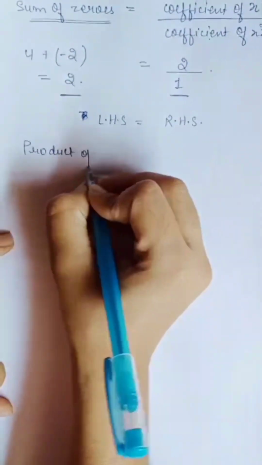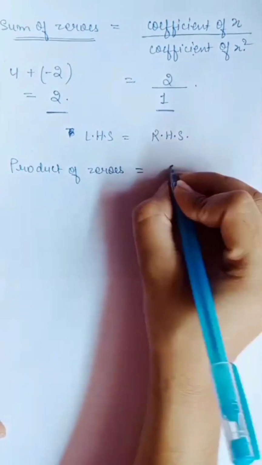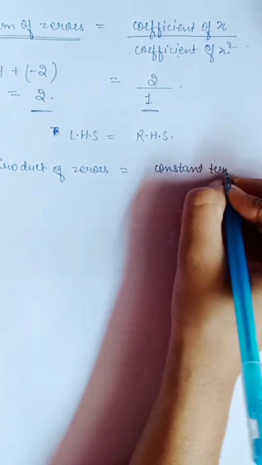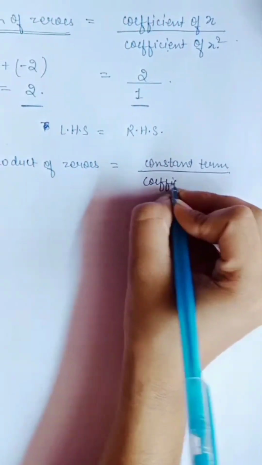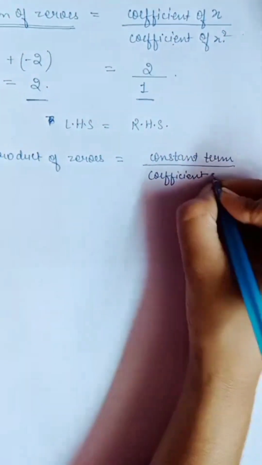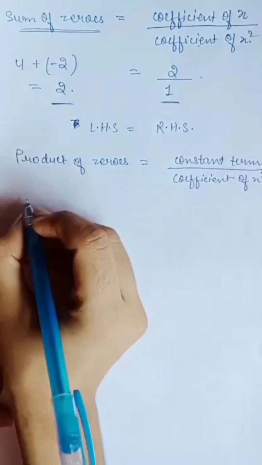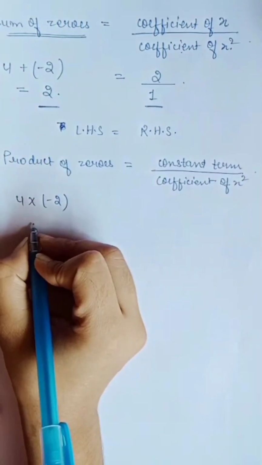Now we will do the product of zeros is equal to constant term upon coefficient of x square. So let us do 4 into minus 2.